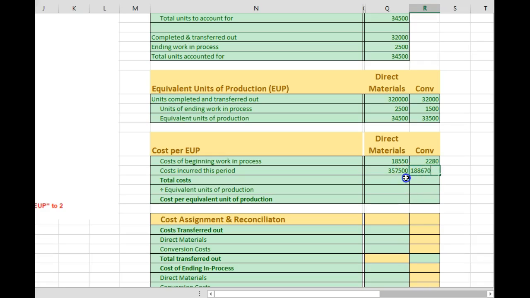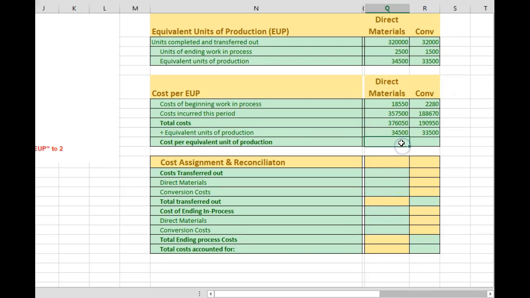Now, if you add those up, these are our total costs: 376,050 and 190,950. Now you're going to bring your equivalent units down and find your cost per equivalent unit. And that's simply by dividing that 34,500 into the 36,750. And you'll come up with dollars per equivalent unit here and here.